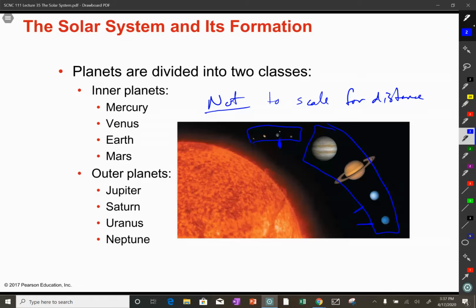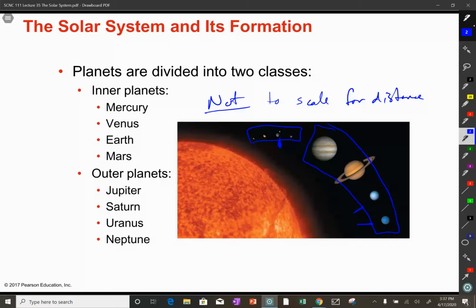One of the things that I do want you to be able to do, if you can't already, is to name the planets in order from the closest to the sun out. So you have Mercury, Venus, Earth, Mars, Jupiter, Saturn, Uranus, Neptune. And oftentimes we look for a memory aid, a mnemonic.